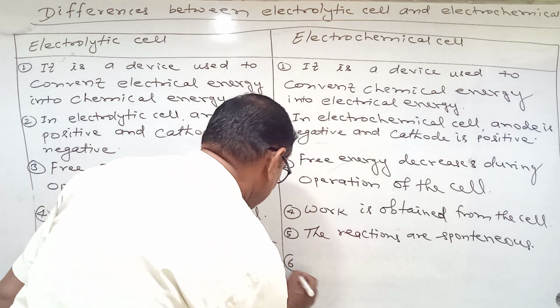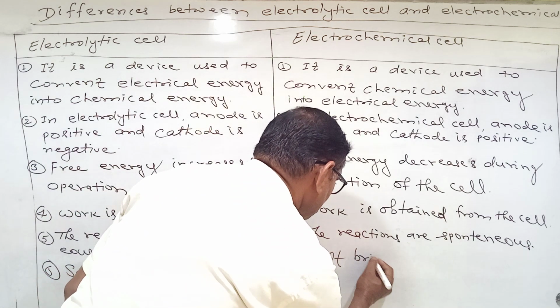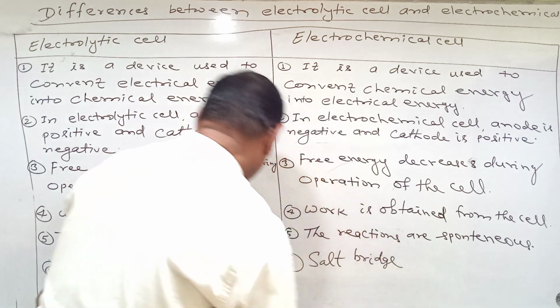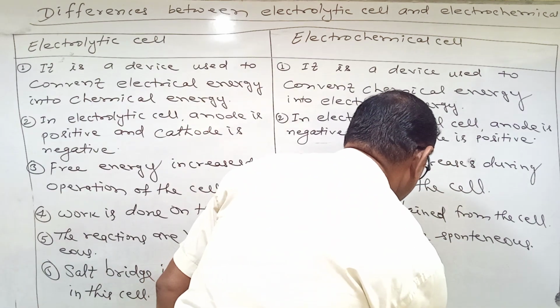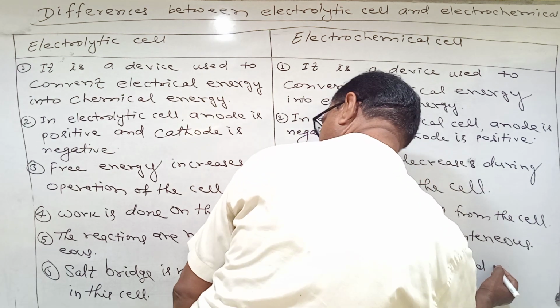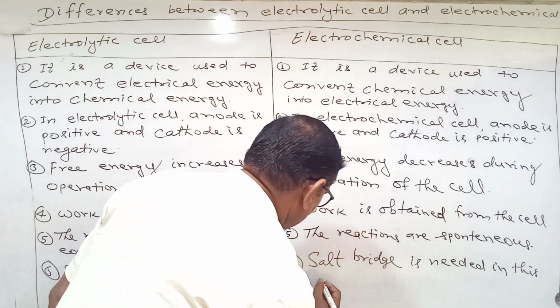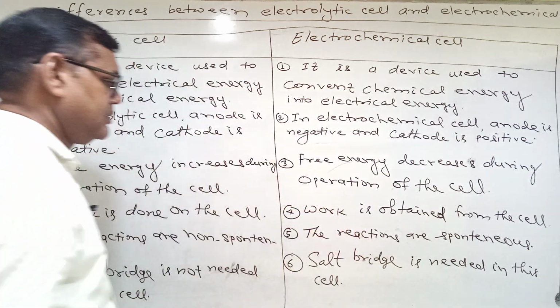Here we write point 6: salt bridge is needed in this cell.